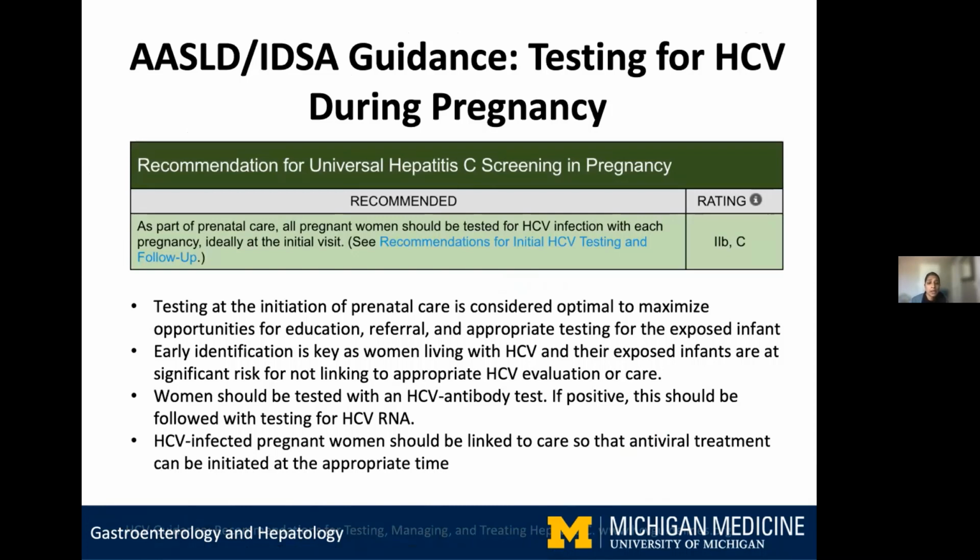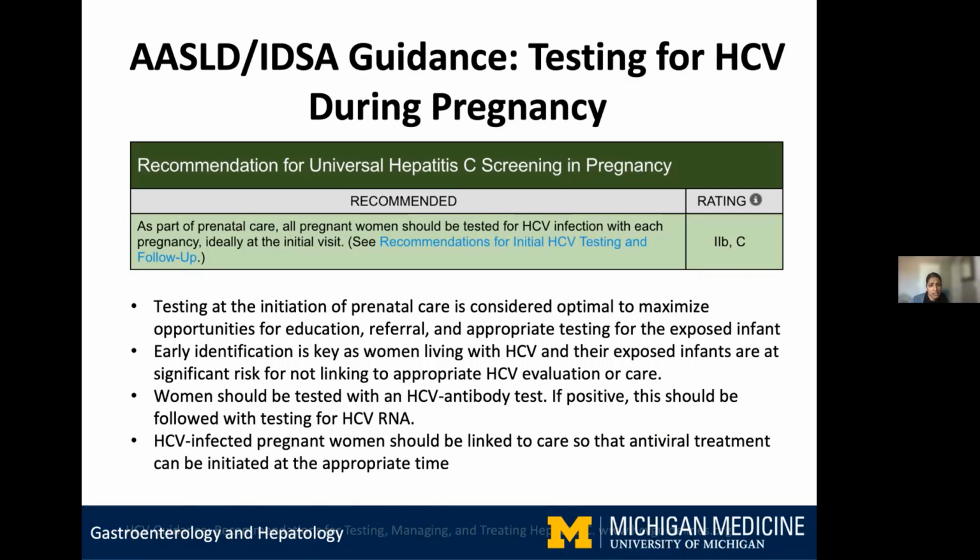It is recommended by AASLD, IDSA, as well as the CDC as of 2020, that testing at the initiation of prenatal care is recommended to consider optimal opportunities for education, referral, and testing for infants that might get exposed to hep C infection from moms who are carrying hep C infection. So again, as part of all prenatal care, all pregnant women with each pregnancy should be tested for hep C infection, ideally at the initial visit.